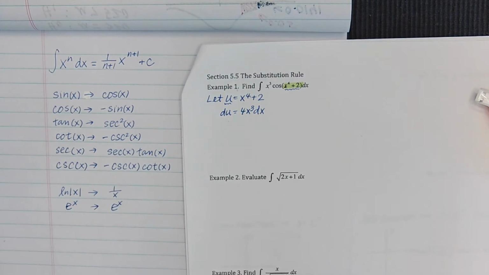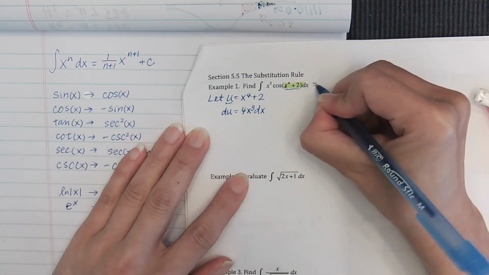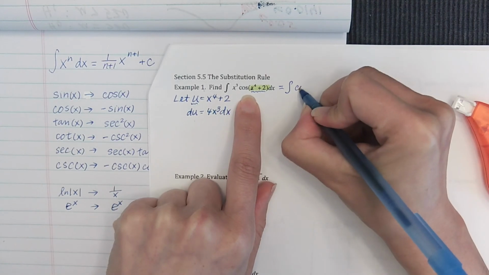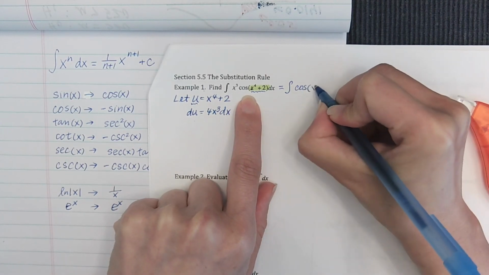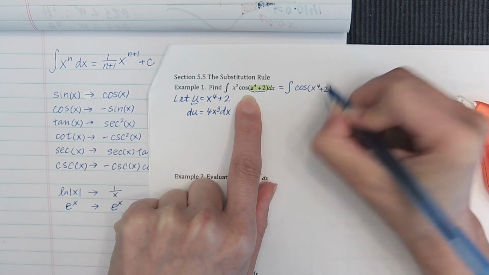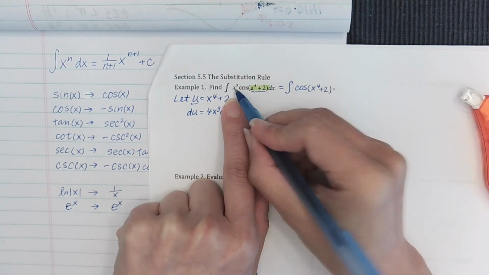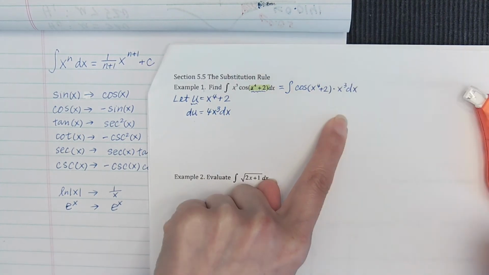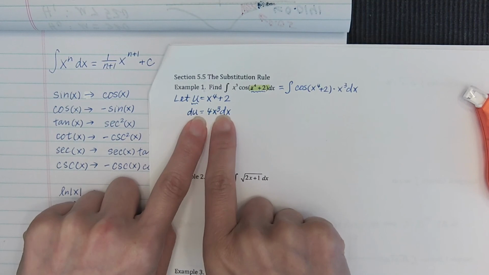Then, can you see this part? Okay, so let me rewrite this one. I want to take a look at this integral, cosine of x to the fourth plus 2. Then I just want to switch the order: x cubed dx. Did you see x cubed dx happening here?